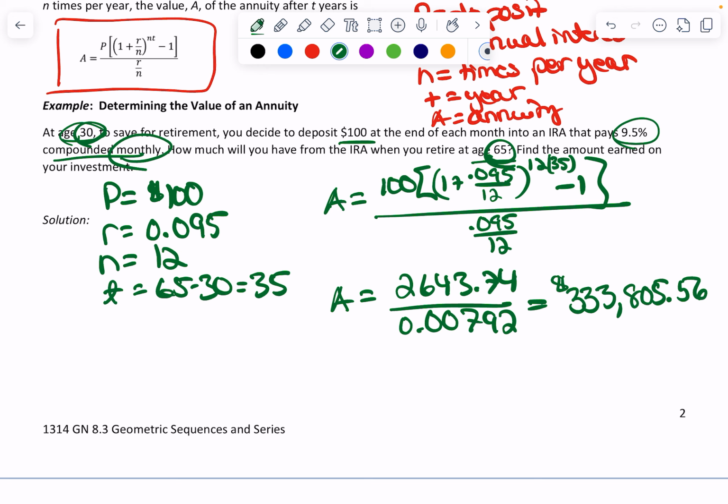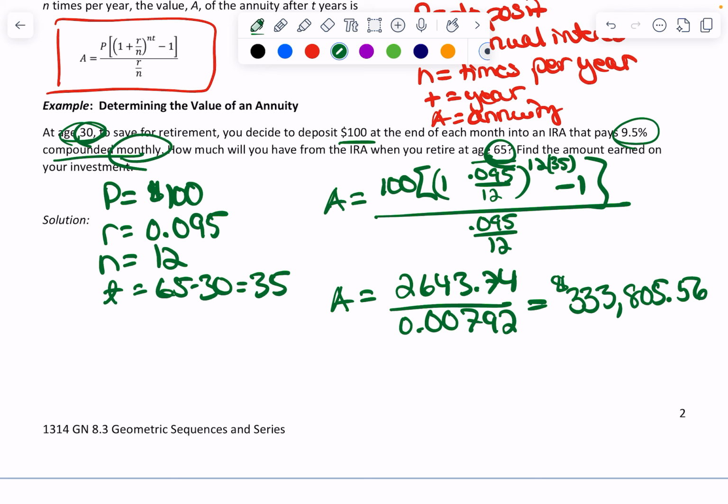Now, hold on a second. There's a question mark right here. Let me plug it in the calculator and see. So 100, parentheses open, another set of parentheses open, 1 plus, no, it's 1 plus. I can't read my own writing.